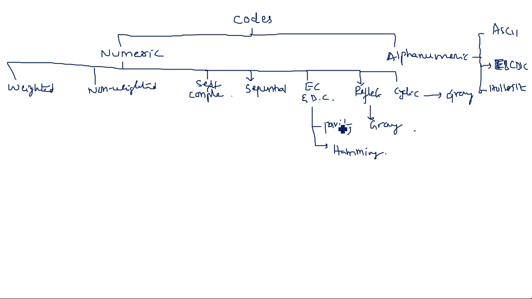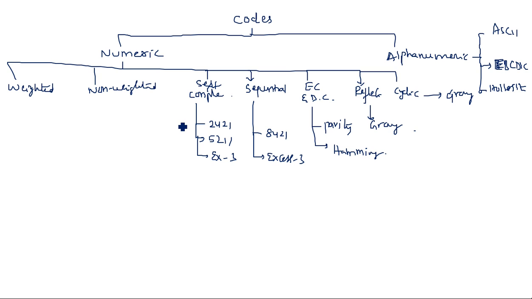And sequential, again 8421 code and XS3 code. Self-complementing codes are 2421, 5211, and you can also say XS3 code.